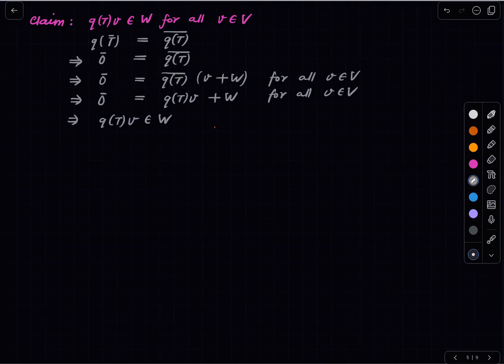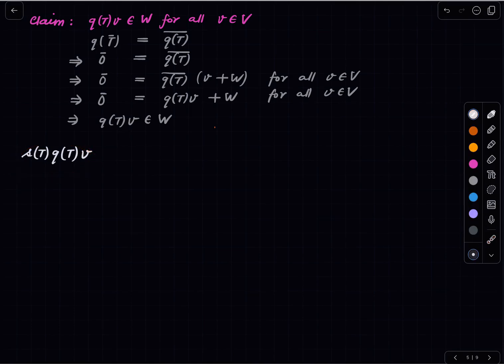And now we want to show that this composite S(T)Q(T) is 0. So feed an arbitrary vector v to it, and if we can show that this is 0, we will be done. So how do we show that this is 0?